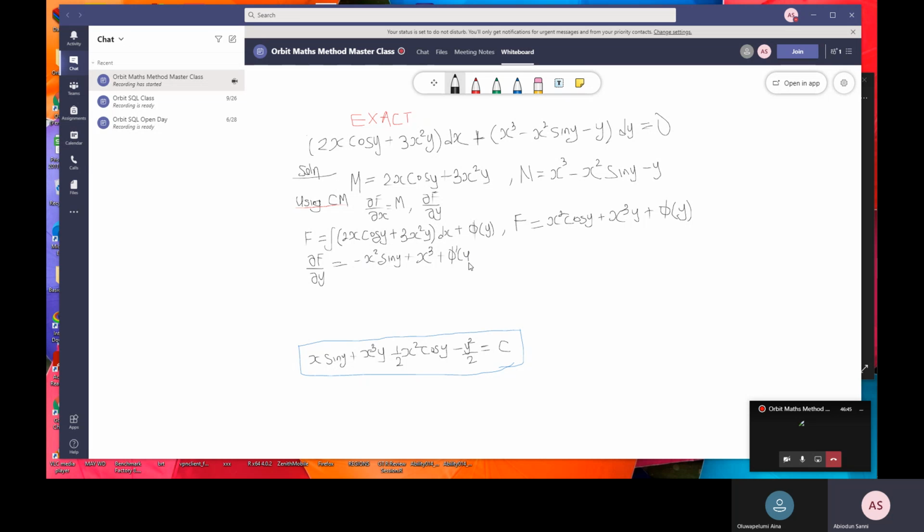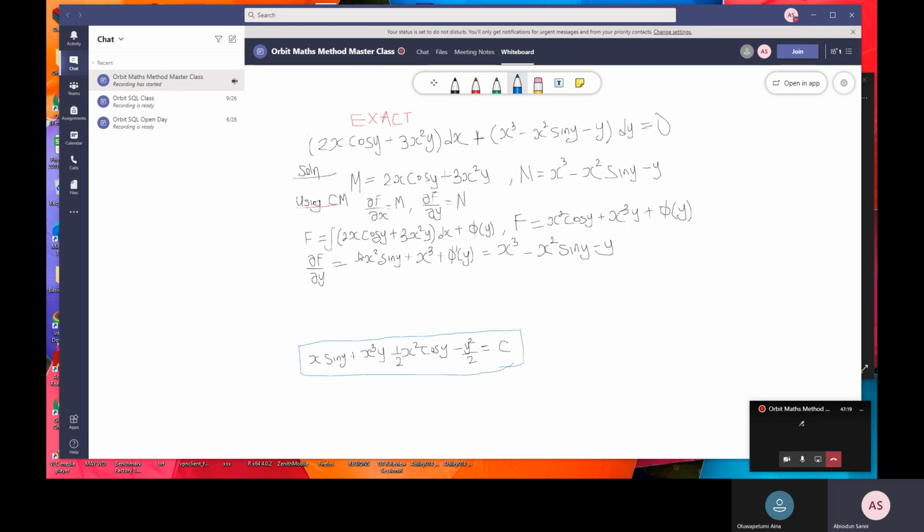And we said that df dy is what? Sorry, I didn't state it here. It is equal to n. So that will be equal to, what's my n? This guy. That will be equal to x cubed minus x squared sine y minus y.